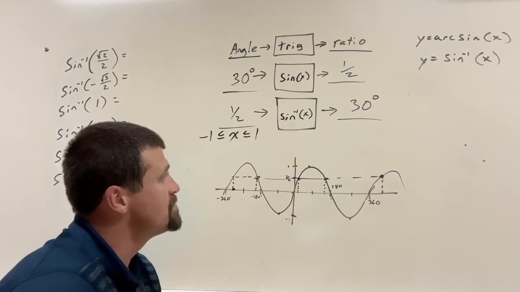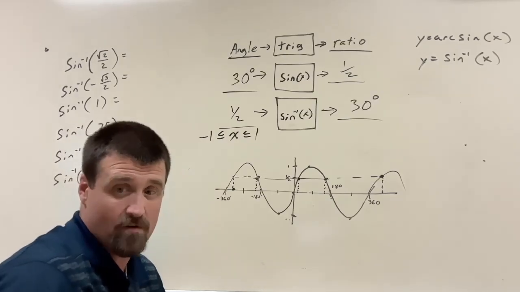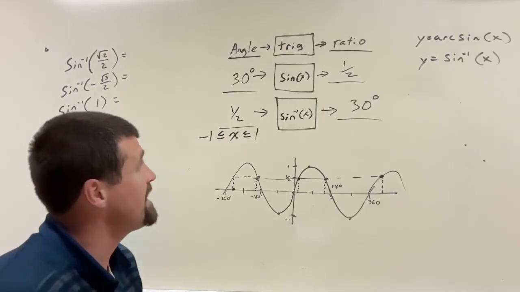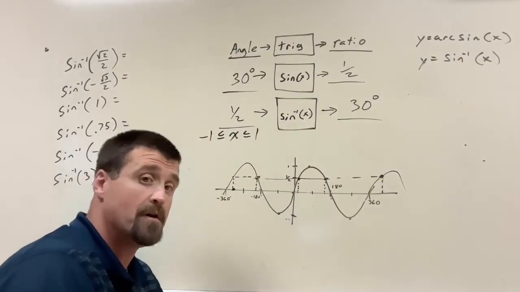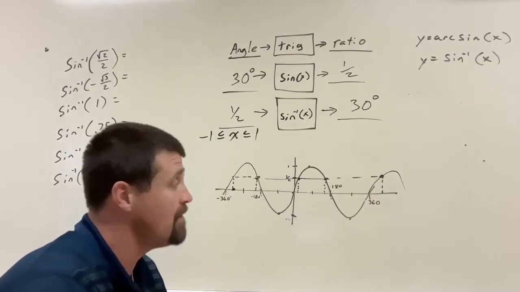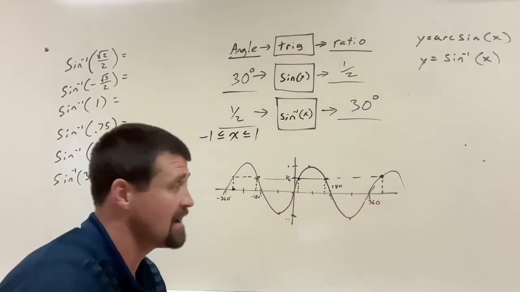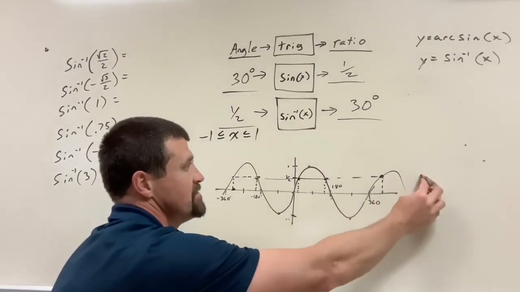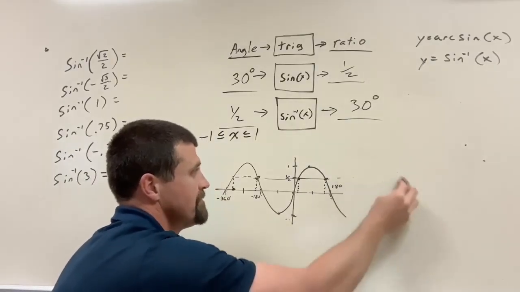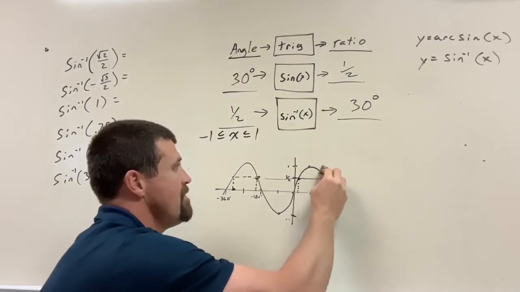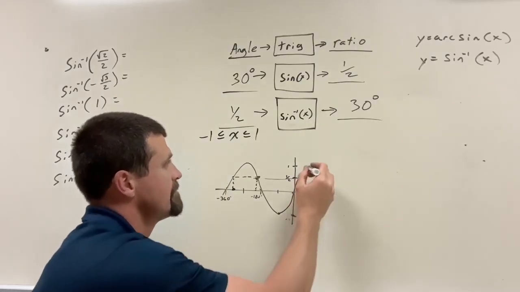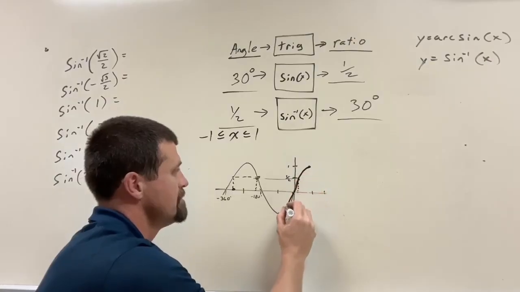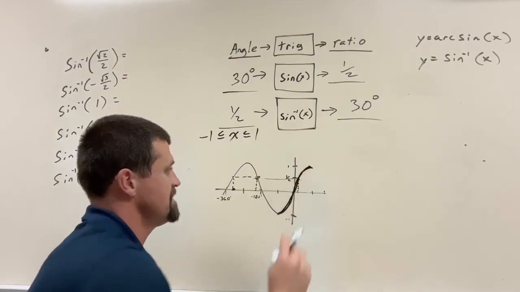So how do they narrow it down? To make it an inverse function, every input can only have one output, so it has to pass the horizontal line test. What they did is they took the sine function and narrowed it down just to here.